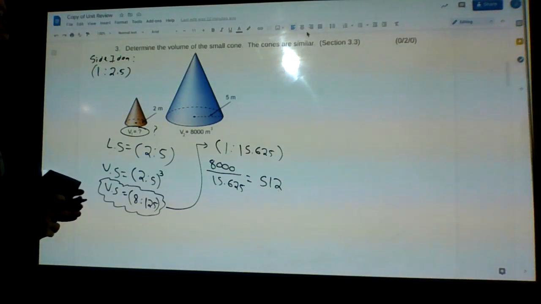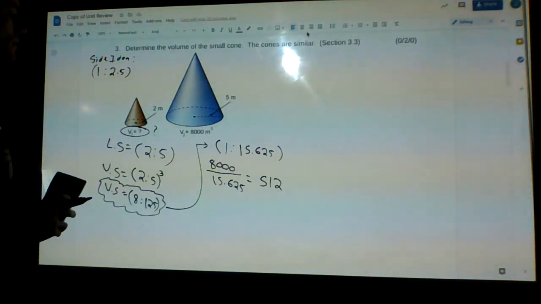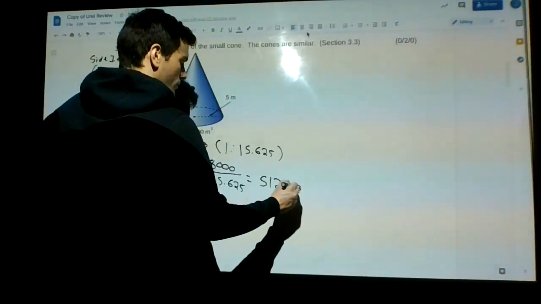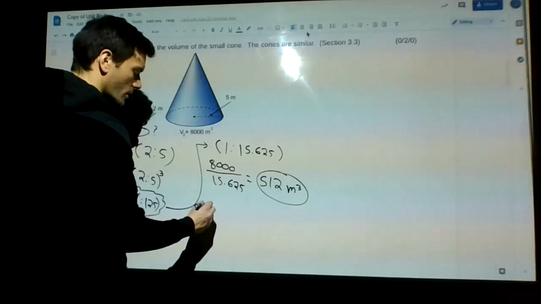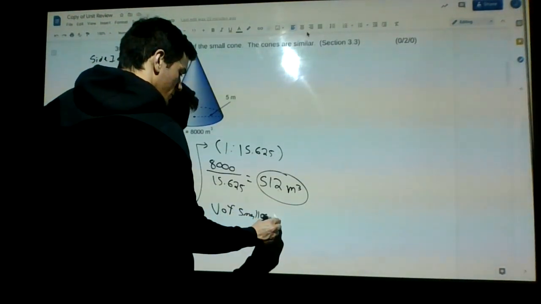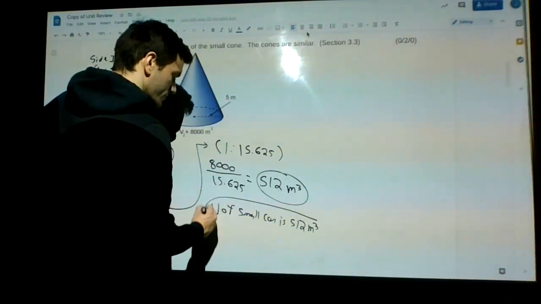So the volume of this cone over here should be approximately 512 meters cubed. The volume of the small cone is 512 meters cubed.